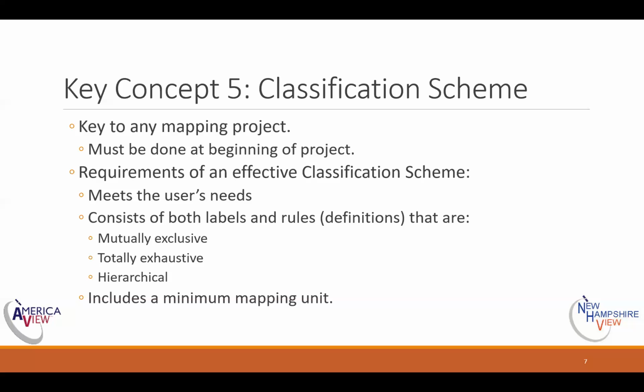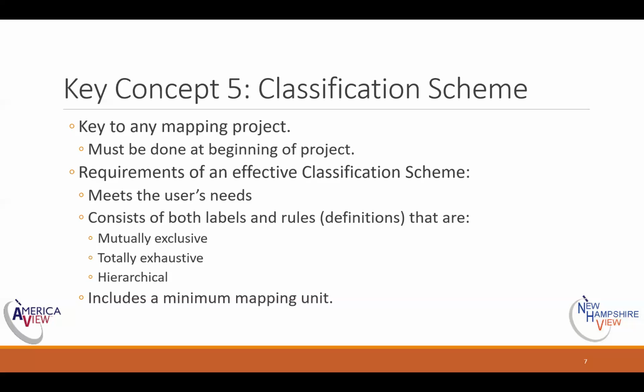You also want to make sure that your scheme is totally exhaustive. In other words, every area on the image gets covered, gets some label. Okay, and if you've done a good job with your classification scheme, that should be true. Now, sometimes there are some very strange anomalies that go on, and so it's often making sure that your scheme is totally exhaustive to use a category called other or unclassified or something like that.